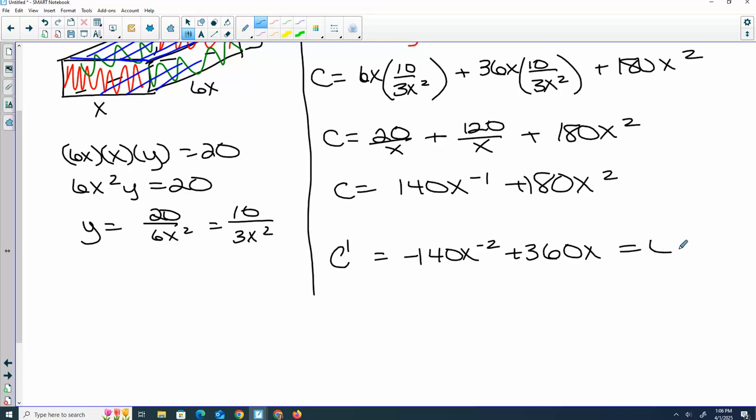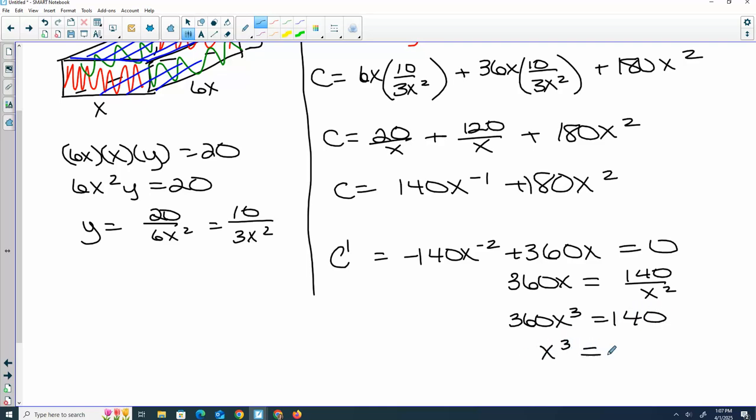Yeah. Okay. So if I add over my 140x to the negative 2, that's like 140 over x squared. Divide by the 360, so 140 over 360, 7 over 18. Dang. And then cube root, it does not come out nice.